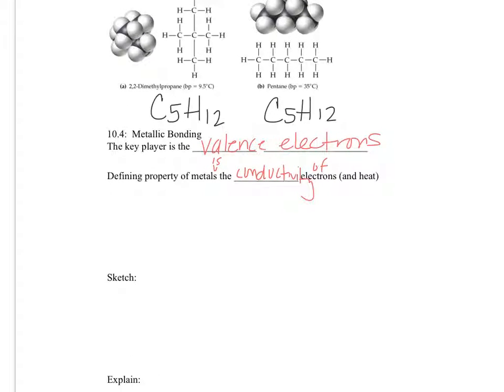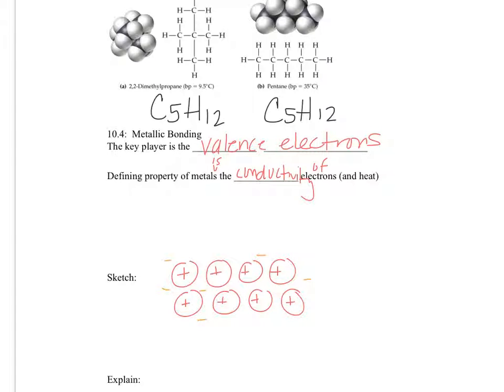Remember that we say that metals are positive ions in a sea of mobile electrons. So you have your positive metal ions, could be silver, gold, copper, whatever it is, and you have your negative charges, and they're constantly moving. And what happens is that eventually one side, because they're constantly moving, winds up with a slightly negative charge and the other side a slightly positive charge.